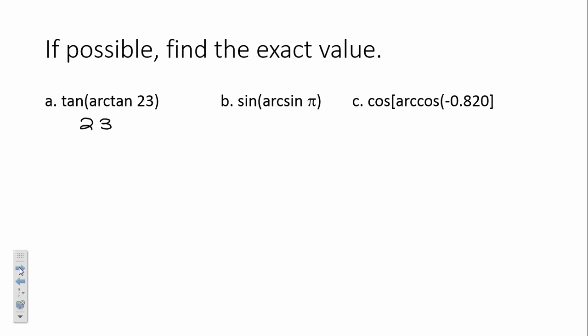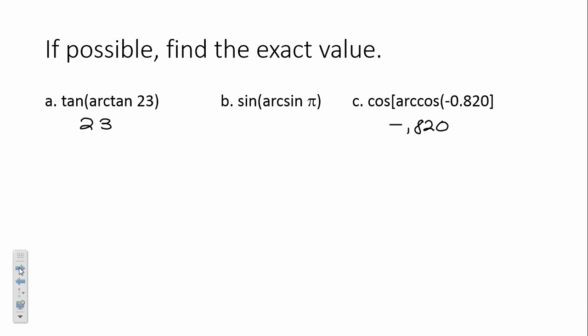This one's not possible, right? And then what about the cosine of the arc cosine of -0.820? These we're basically going to be looking at them and figuring them out. Yep. So this one's going to be -0.820.